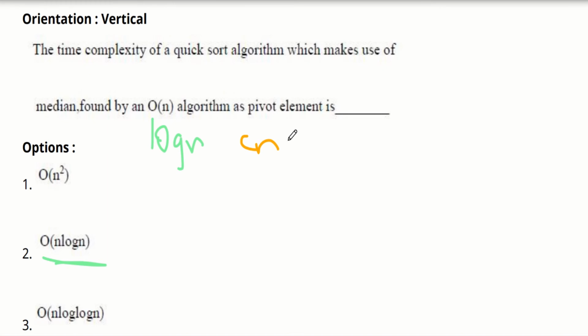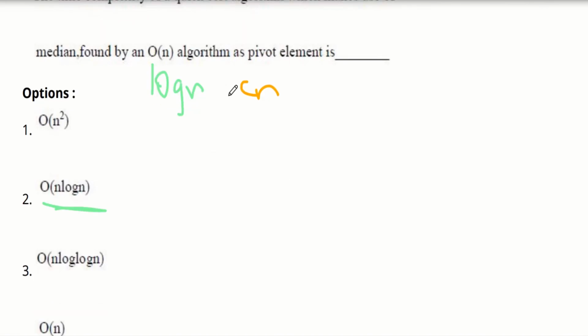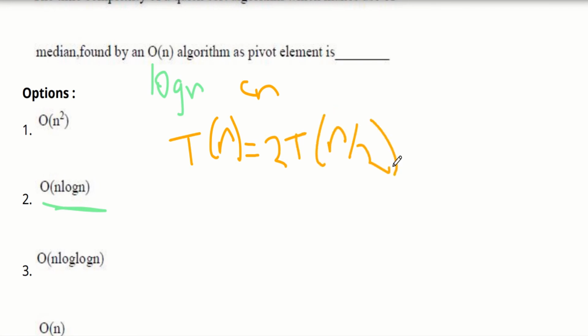Work is done by the partition method. At each level, the recurrence would be T(n) = 2T(n/2) + Θ(n).